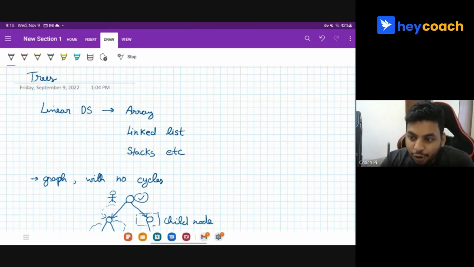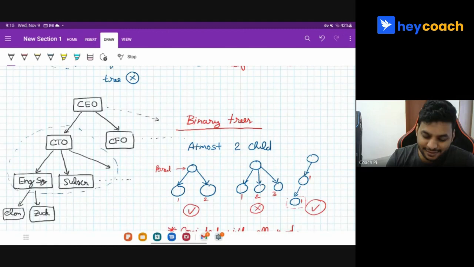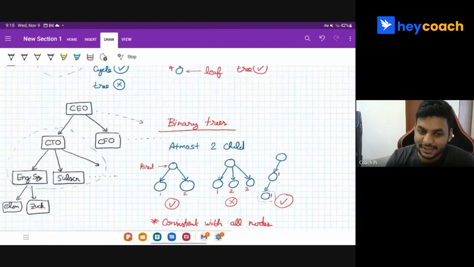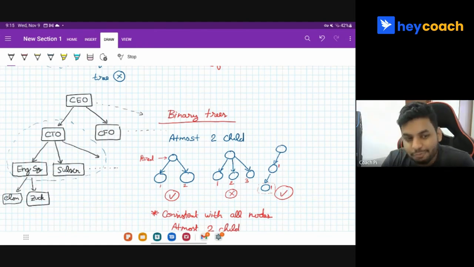But the thing we observed is that with a linear data structure, the access pattern is only linear. We can only go in a linear fashion. And when we see a problem like the hierarchy present in any organization, this linear access pattern or linear representation won't work for this kind of real life data.